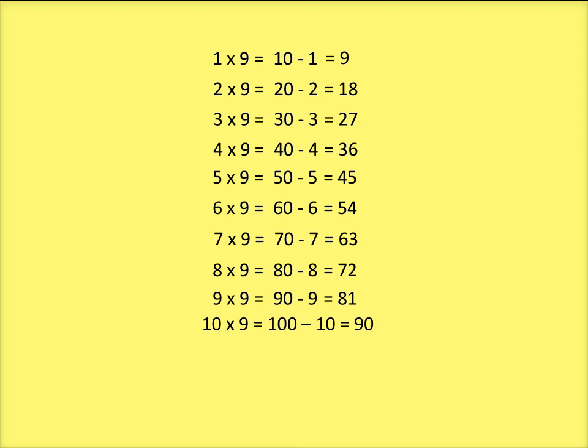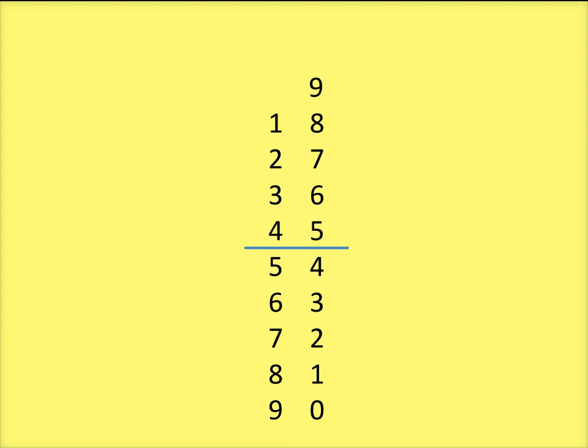Let's just pause for a minute now and have a look at some really cool patterns that you can see in your 9 times tables, up until 9 times 10. First of all, I've just written out the answers to the 9 times tables here and split them halfway through. What do you notice about the numbers above the line and the numbers below the blue line?